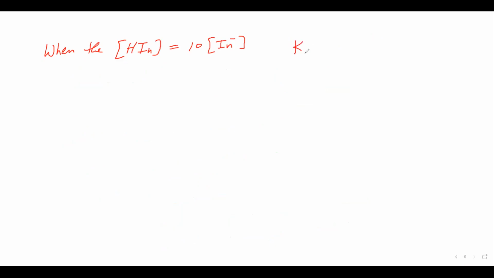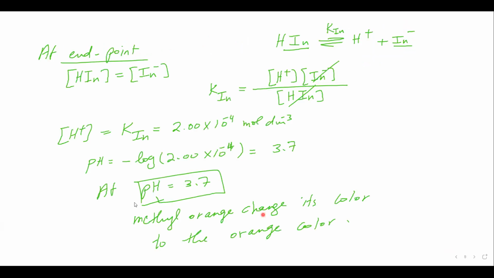We said that K indicator is equal to the concentration of H positive times IN negative over HIN. So if we have the HIN concentration equal to the IN negative concentration, they will cancel, and the pH at which the methyl orange will change its color to orange will be exactly a pH of 3.7.